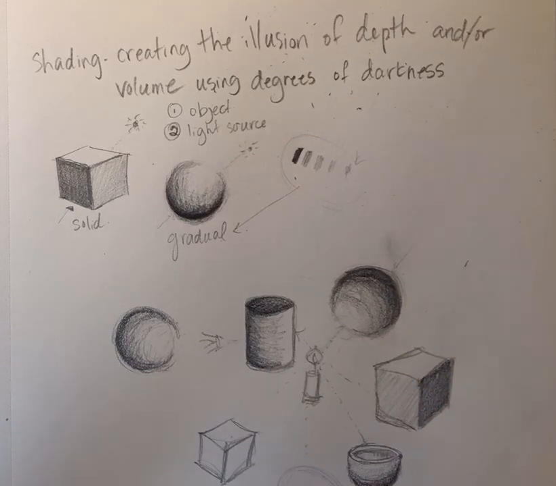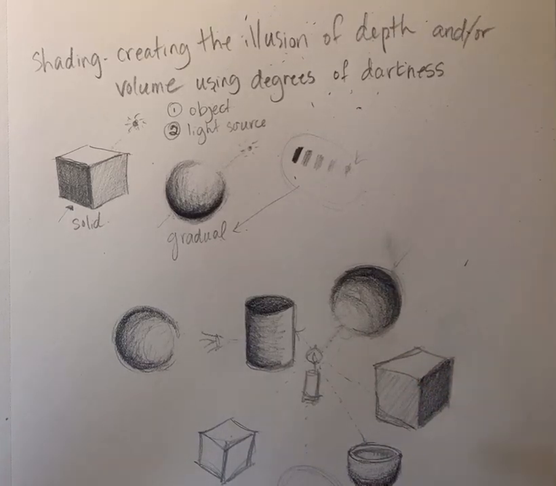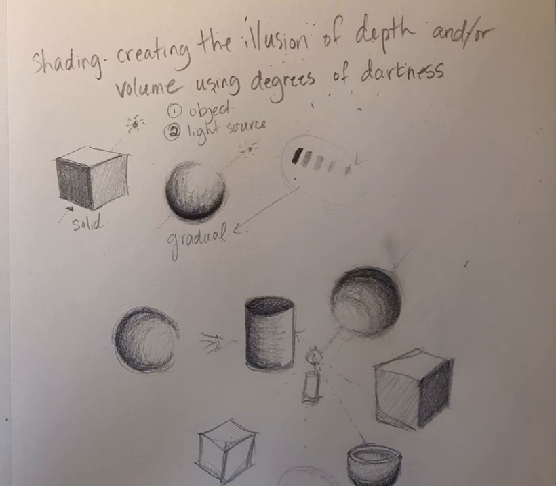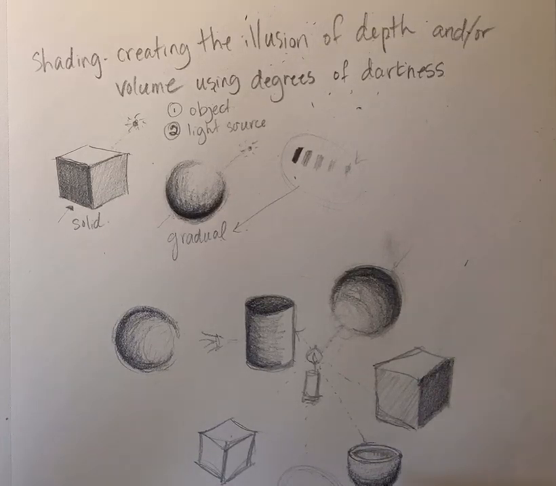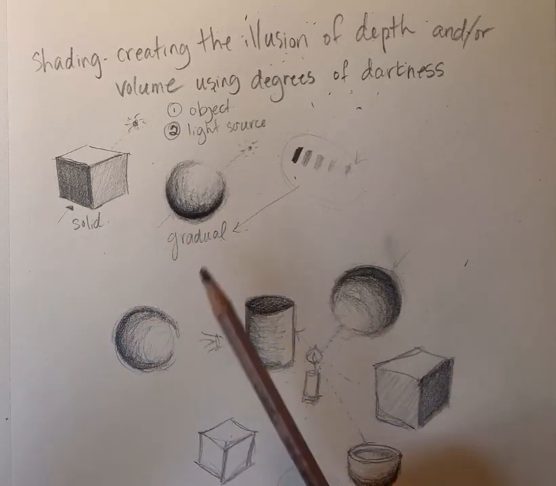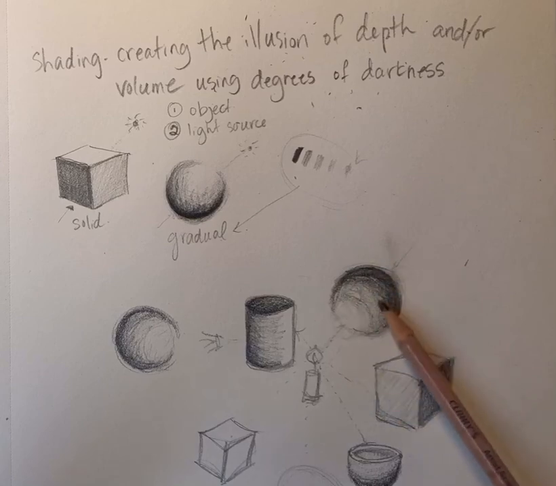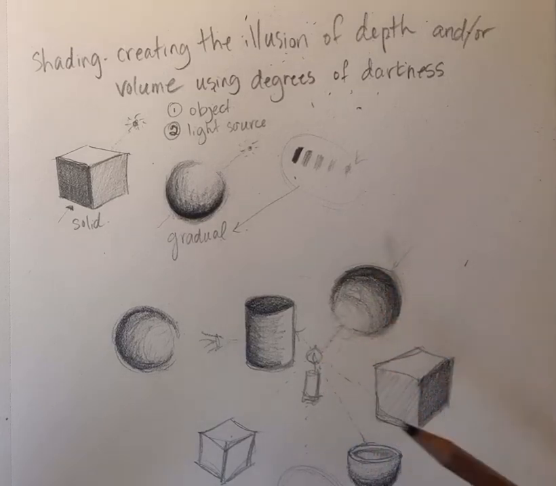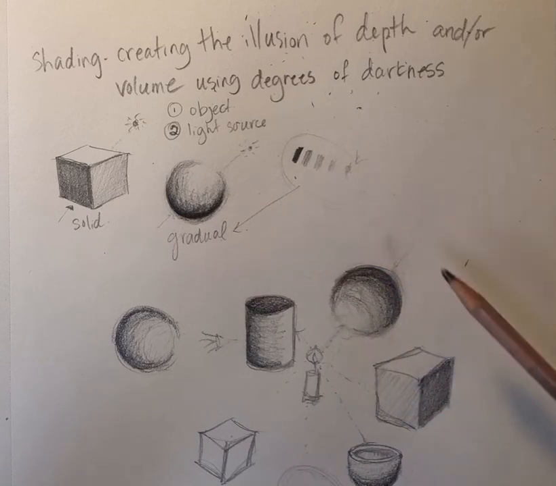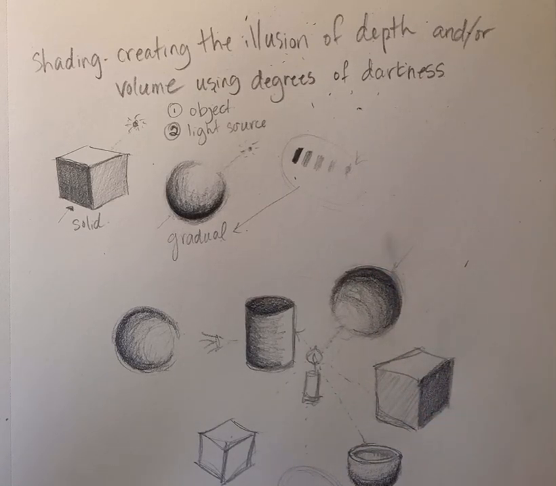Don't worry so much about drawing whatever is on the label or the different colors, because today what we're really working on is using our solid and gradual shading and drawing and shading what we see, depending on the type of light that we're using and where the light source is situated in regards to that object. So go have some fun and really see how you can make your objects three-dimensional.